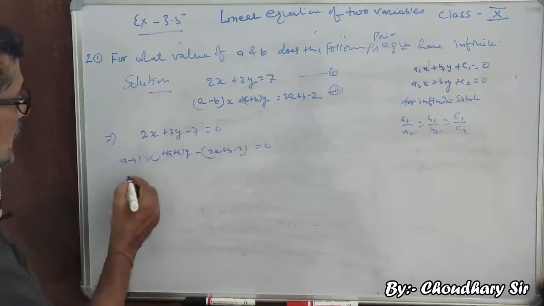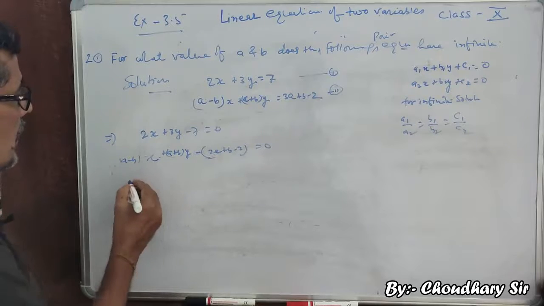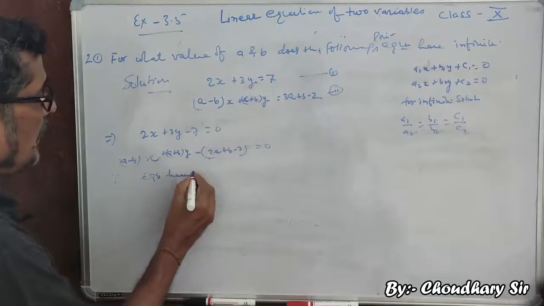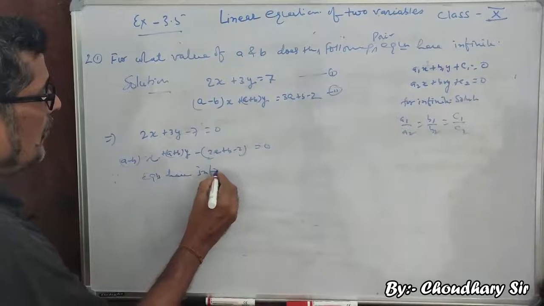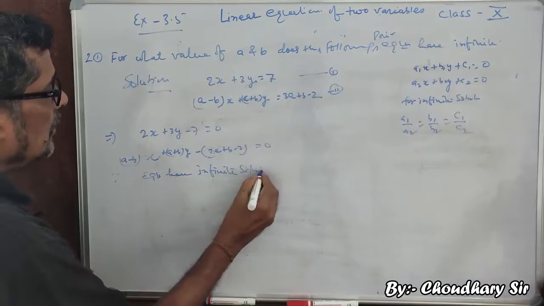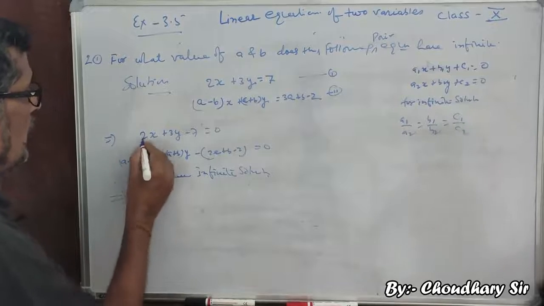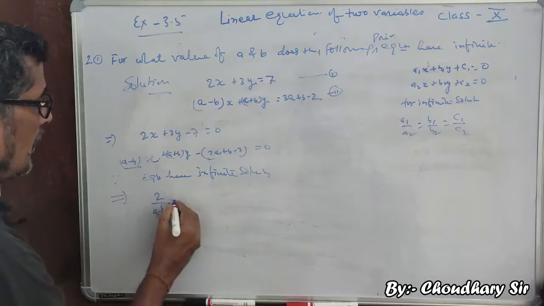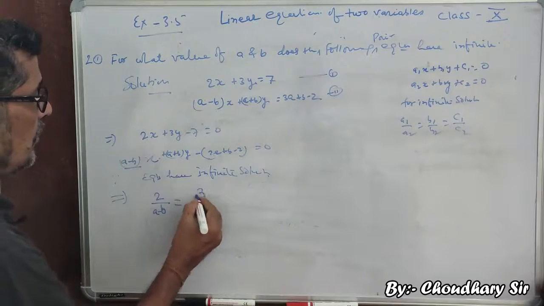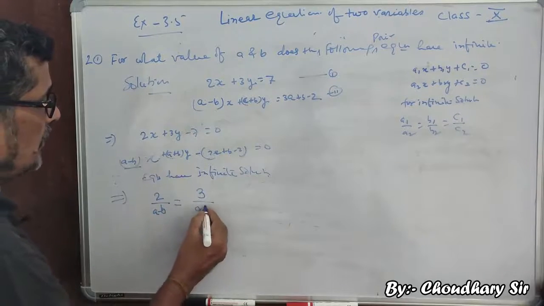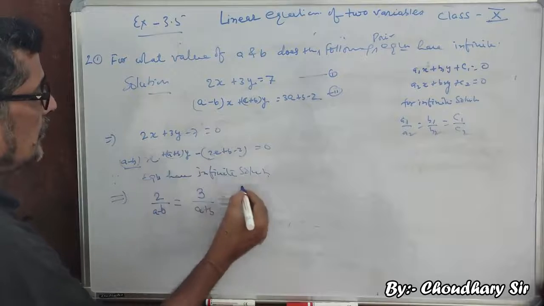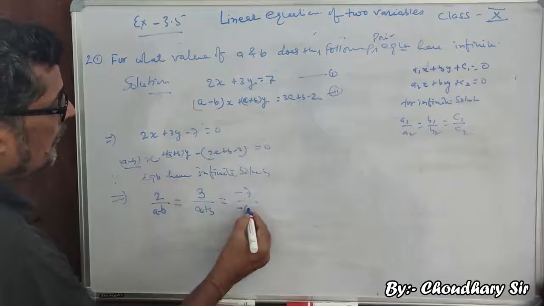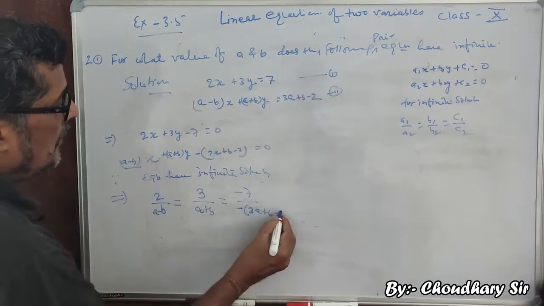Now, since the equation has infinite solutions, this implies a1 is 2, by a2, which is a minus b, equals b1 by b2, where b1 is 3 and b2 is a plus b, equals c1 by c2, where c1 is minus 7 and c2 is minus (3a plus b minus 2).